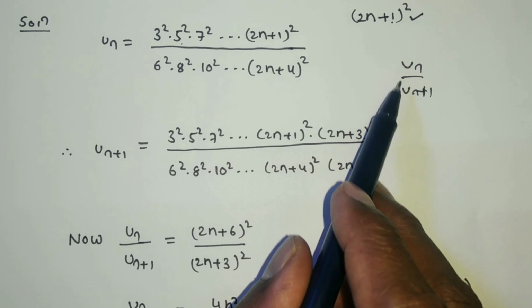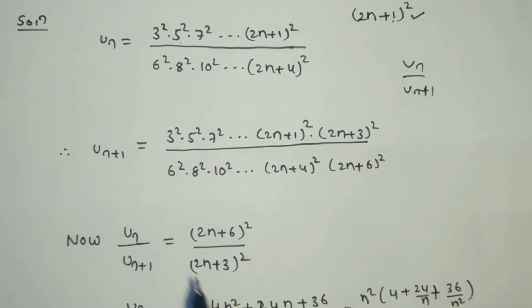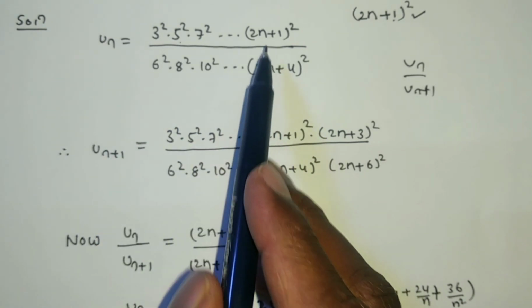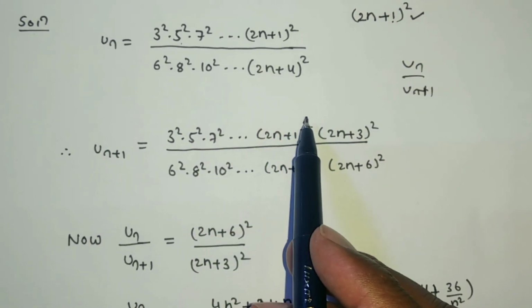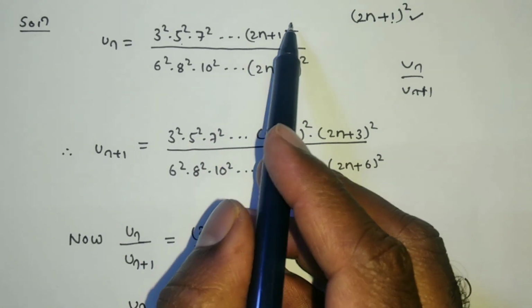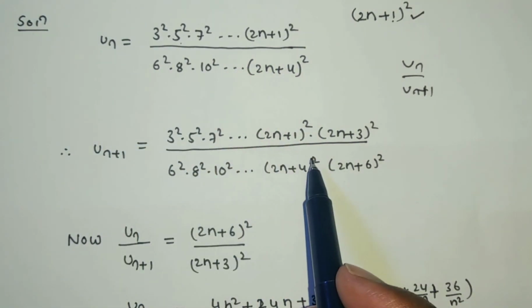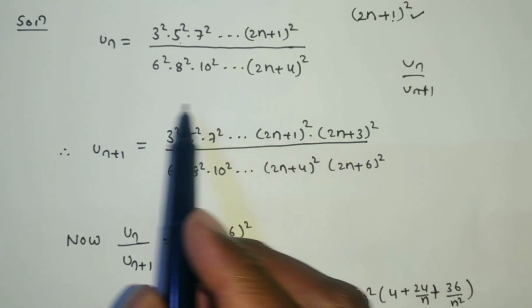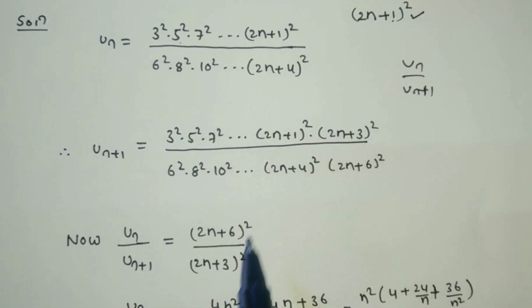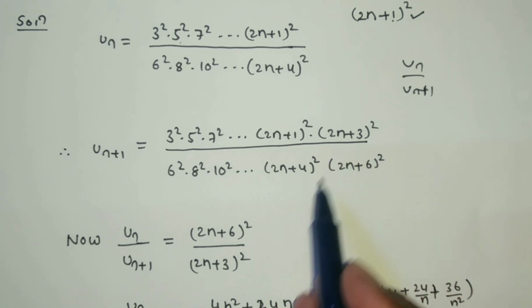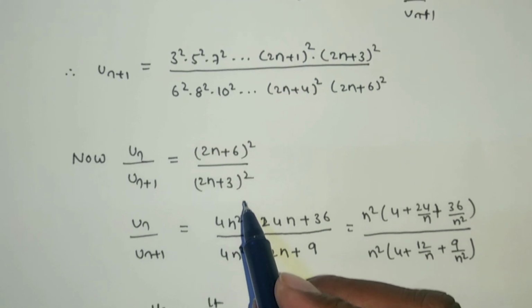Now I want un by un plus 1. By observation, the numerator by denominator contains terms up to the nth term, so (2n plus 1) whole squared cancels, and (2n plus 4) whole squared cancels. Then taking the reciprocal, it becomes (2n plus 6) whole squared in the numerator and (2n plus 3) whole squared in the denominator.